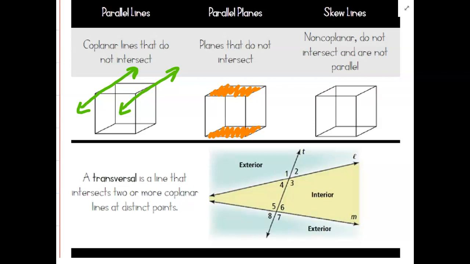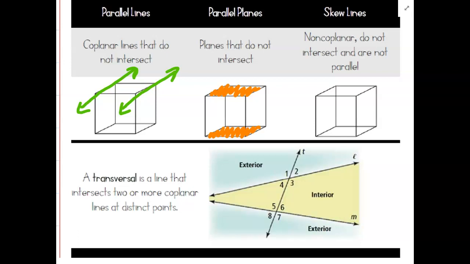Now the one word that is probably new is this idea of skew lines. Skew lines, in some ways, are the opposite of parallel lines. Parallel lines have to be coplanar. Skew lines are non-coplanar. If you were to have both of these lines, you would not be able to put them on the same piece of paper.